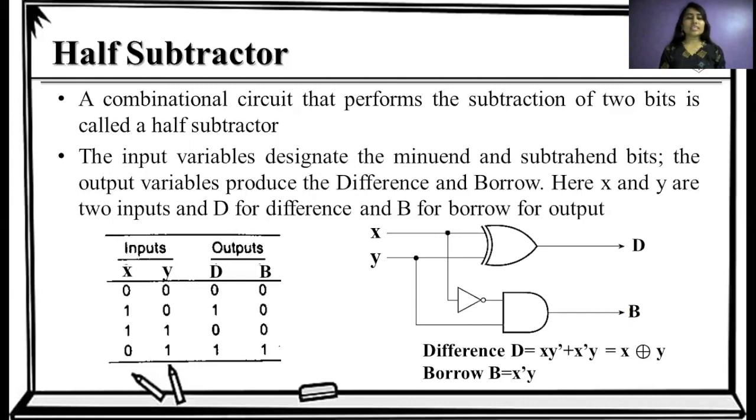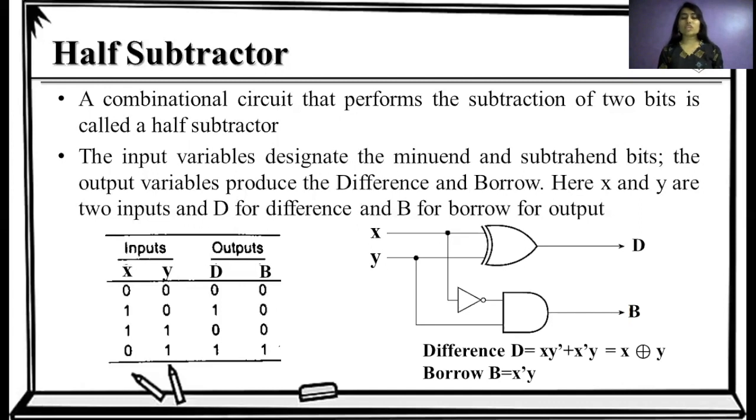Because we have D equal to 1 for the combination x and y equal to 1 0, that means xy', and again we have D equal to 1 for the combination 0 and 1, that means x'y, and this is the equation of difference. And for borrow, B is equal to 1 when x is equal to 0 and y is equal to 1.